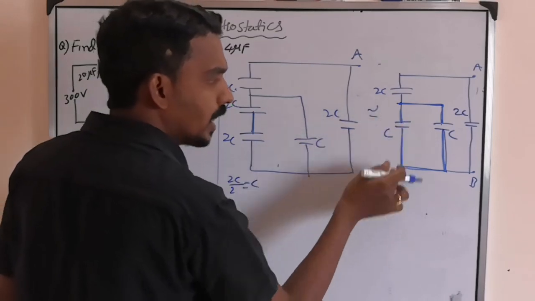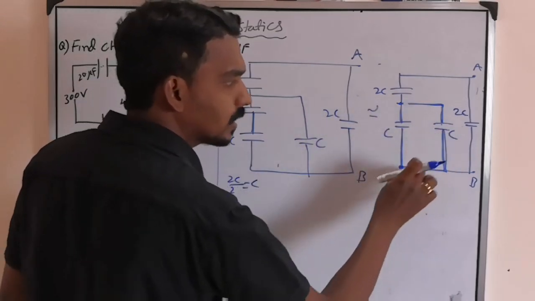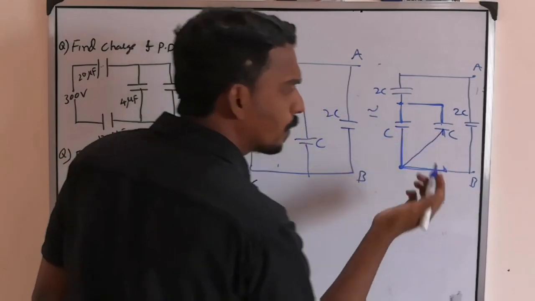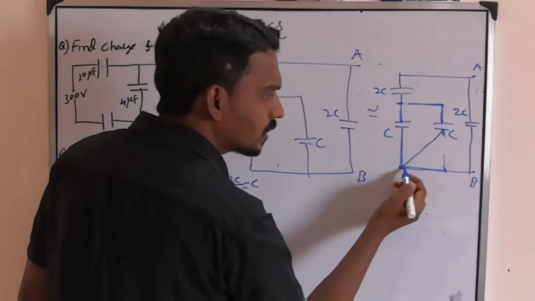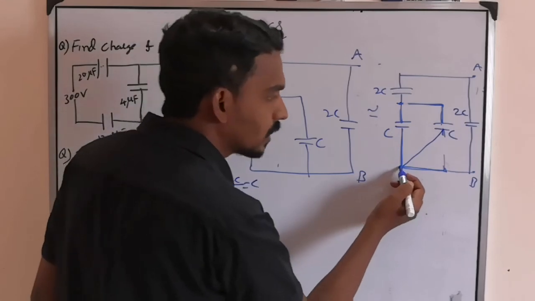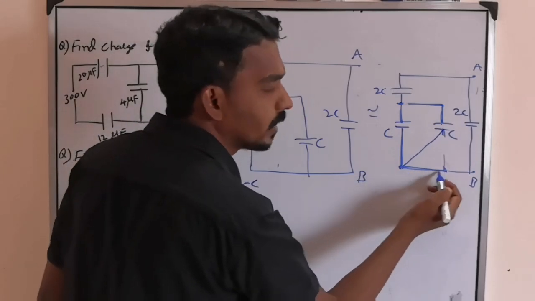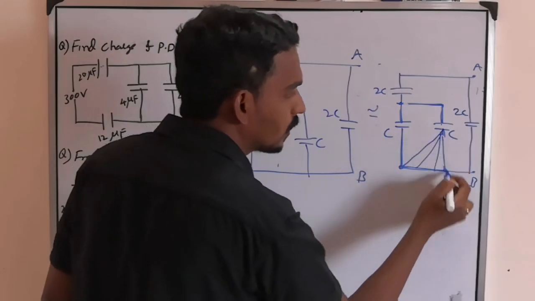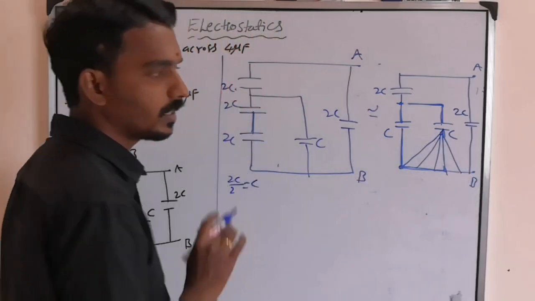Like AB, VA minus VB for this, VA minus VB for this. Or you can take it here also, no problem, because you can move this connection till here, since there is no other joint here. You can connect it here, anywhere. Same thing.